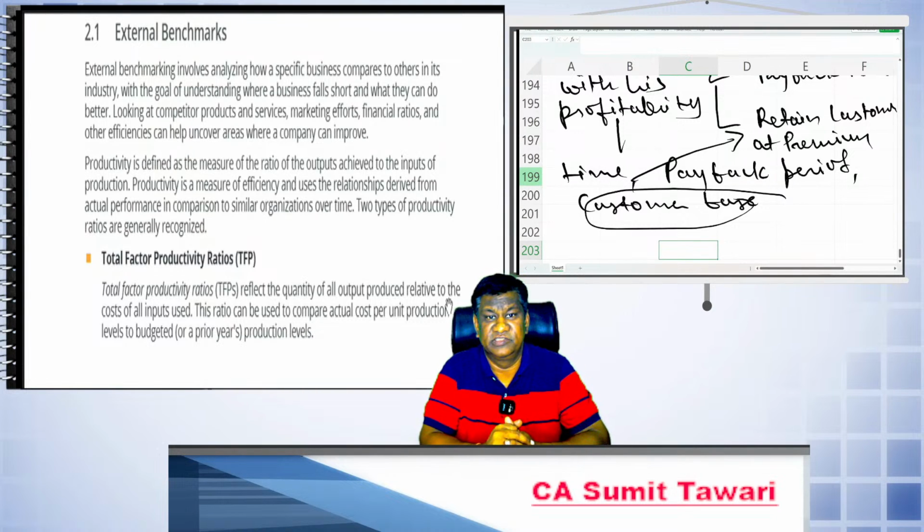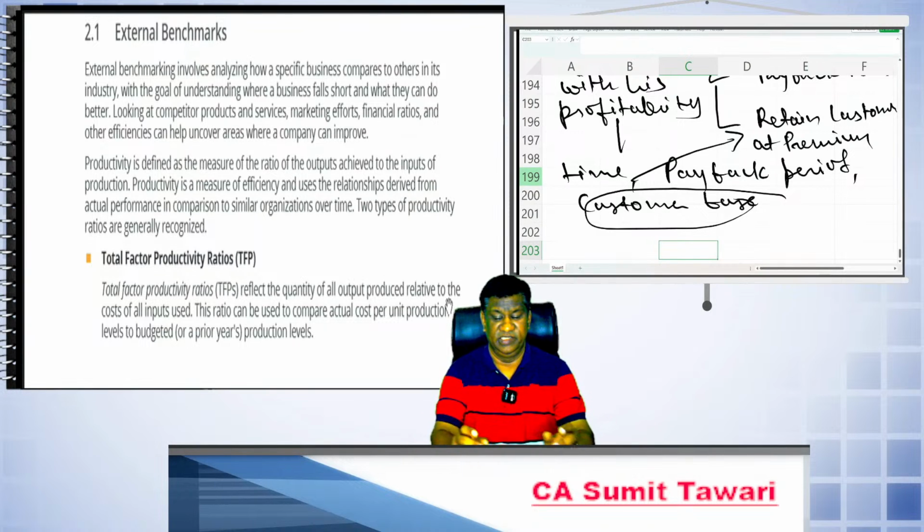Here two factors are given. The total factor productivity ratio reflects the quantity of all output produced relative to the cost of all input used. This ratio can be used to compare actual cost per unit production level to budgeted production level.